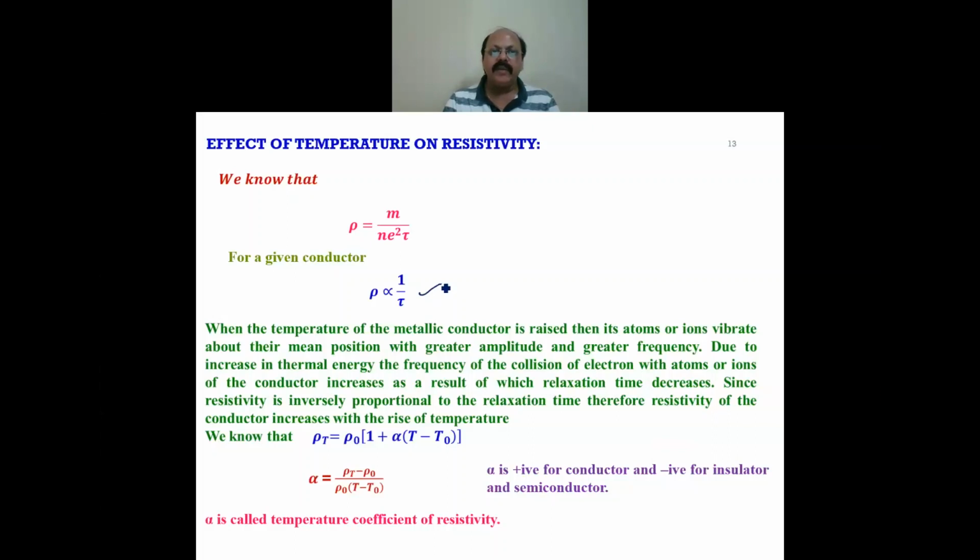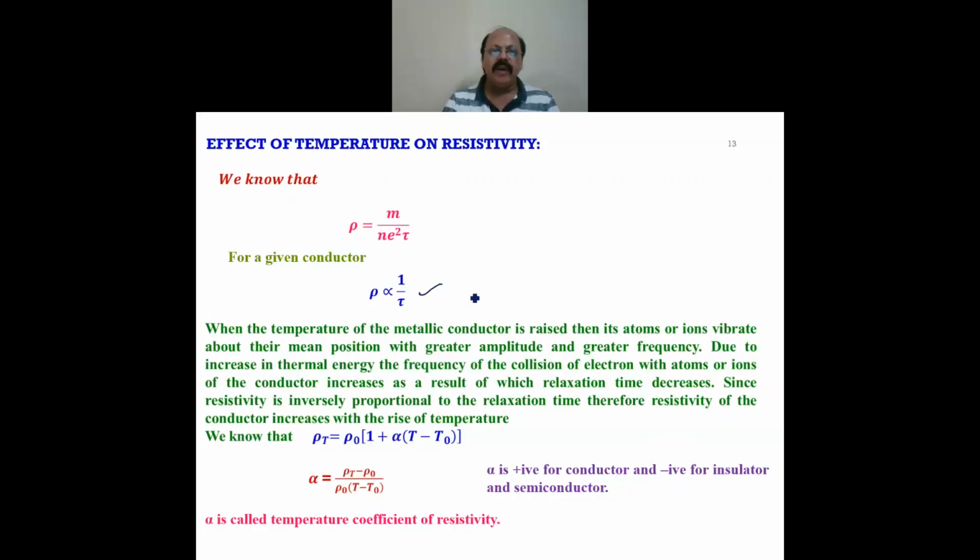Similarly, you can understand the concept: when the temperature of the metallic conductor is raised, its atoms or ions start vibrating about their mean position with greater amplitude and greater frequency, due to which thermal energy and the frequency of collision of electrons with atoms or ions of the conductor increase, as a result of which relaxation time decreases. Since resistivity is inversely proportional to the relaxation time, therefore resistivity of the conductor increases with rise of temperature.